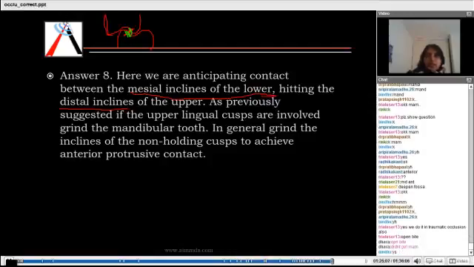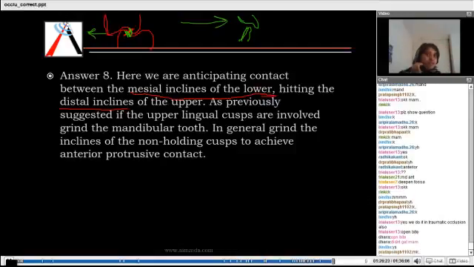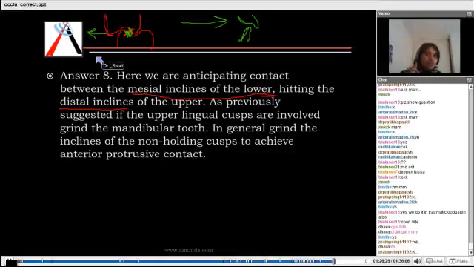Now again, depending on which cusp is, see Dhara, here we are talking about side view. This is anterior and this is posterior. Here we are looking at it from the side. This view. Are you able to imagine?